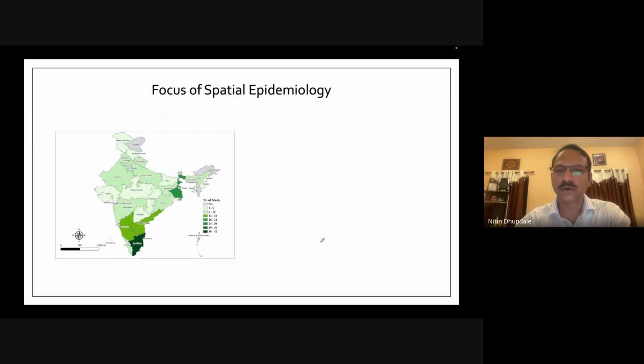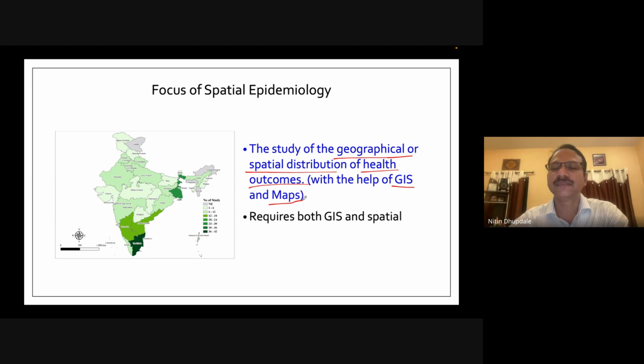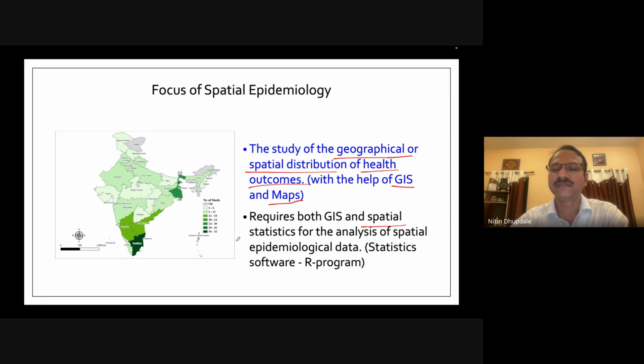So what is the focus of spatial epidemiology? Okay, so we have two focus. We want to study this geographic or spatial distribution of health outcomes. So it could be disease or any other event with the help of GIS and by generating maps. And second focus is using spatial statistics for the analysis of spatial epidemiological data.